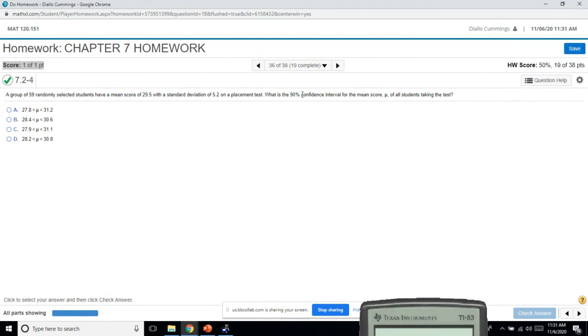With the confidence of 90% given, we want a 90% confidence interval for the mean score of all of the students. In this case, the population standard deviation is unknown, so we're going to use T interval.